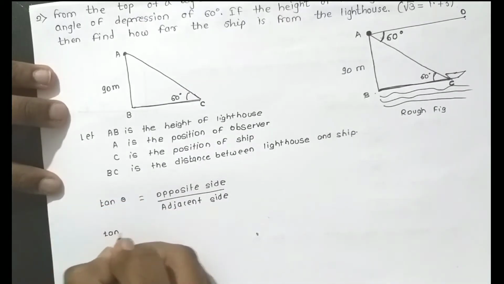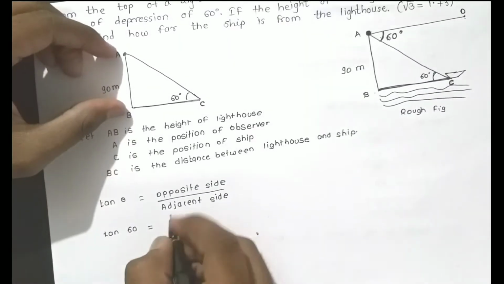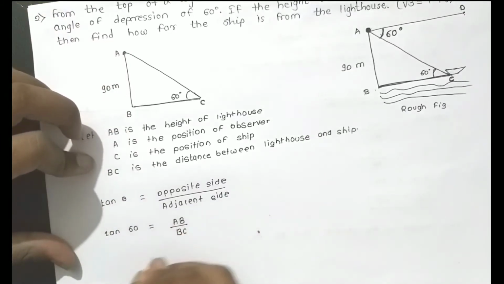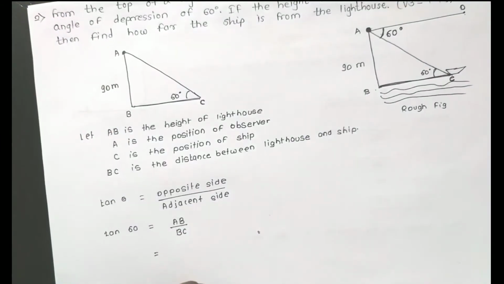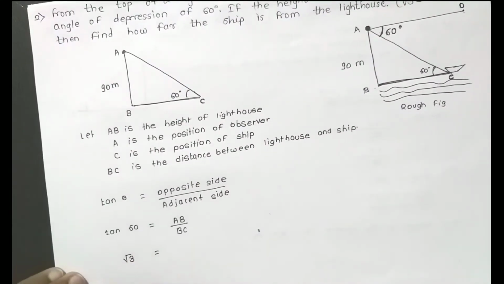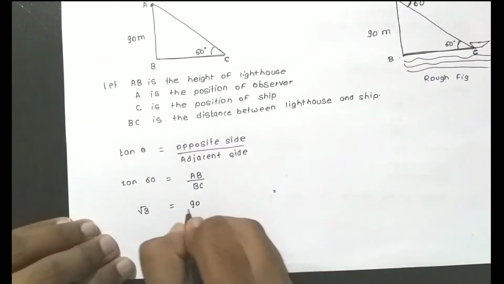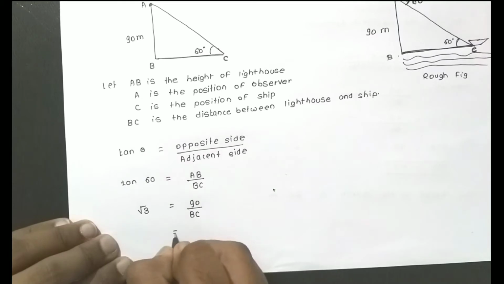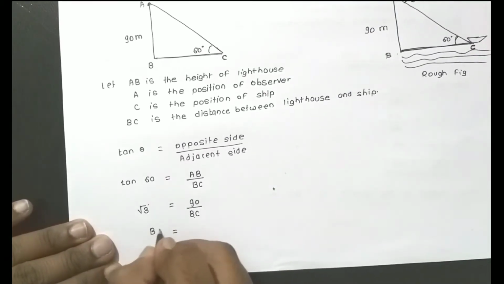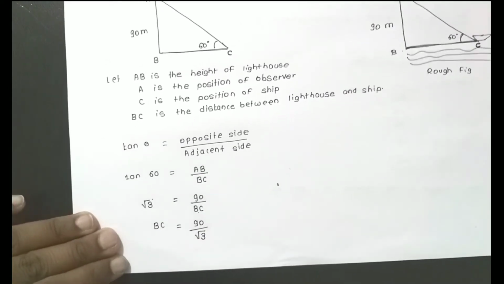So tan and the value of theta is 60 degree. Opposite side is known, that is AB. Adjacent side is BC. The value of tan 60 is √3. So AB is 90 and BC is as it is. So BC goes to the upper part, and 90 divided by √3.